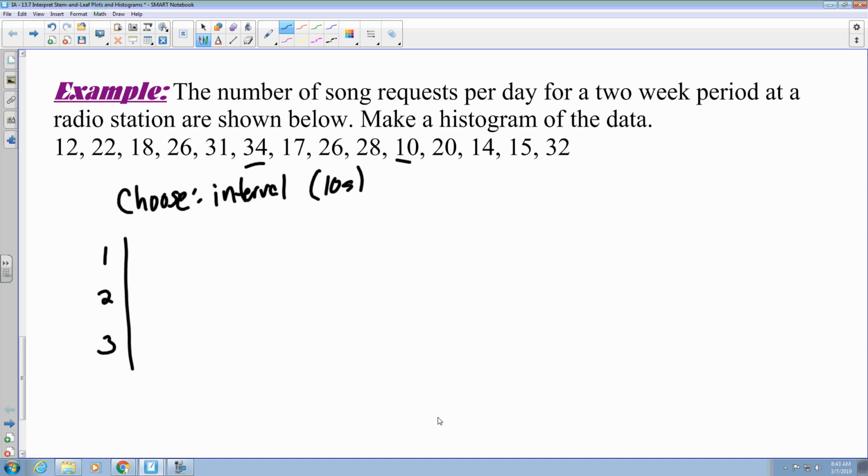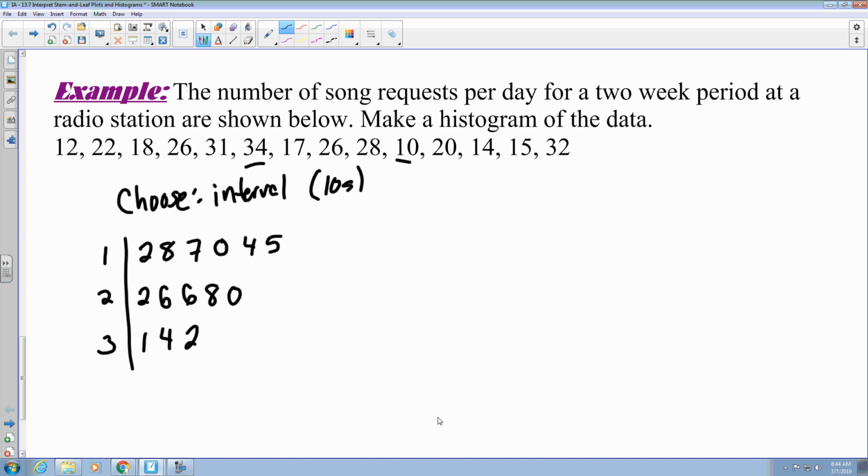So going here, I got 12, so 2 goes here, 22, 2 goes there, 18, 8 goes here, 26, 6 goes here, 31, 1 goes there, 34, 4 goes there, 17, 7 goes there, 26, 6 goes there, 28, 8 goes there, 10, 0 goes there, 20, 0 goes here, 14, 4 goes there, 15, 5 goes there, and 32, 2 goes there.